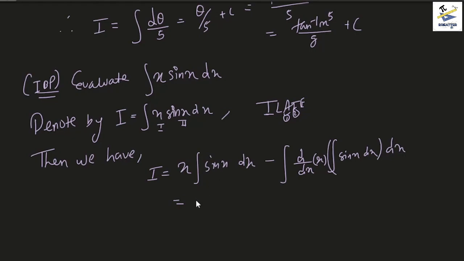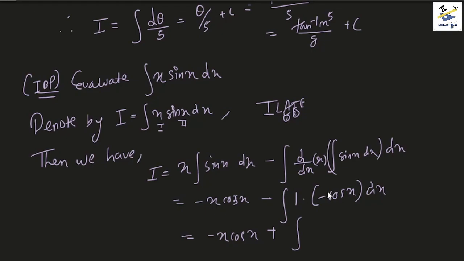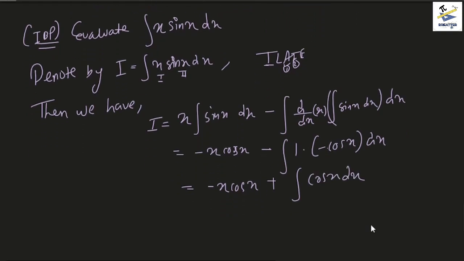Now the integral of sin x is minus cos x, so this is minus x cos x, minus the integral of d/dx of x, which is just 1, and the integral of sin x is again minus cos x, right? Then as you can see, it simplifies considerably into minus x cos x, and this minus makes it a plus, and 1 into cos x is cos x dx, and you do know the integral of cos x dx, which is just sin x, right? So the answer is minus x cos x plus sin x plus c.